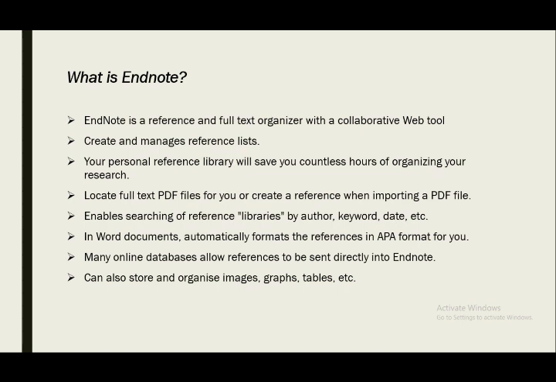Many online databases allow references to be sent directly into Endnote, and we will practice using Google Scholar. It can also store and organize images, graphs, tables, etc. So there are many different uses of Endnote, and we will have an overview of what Endnote is.